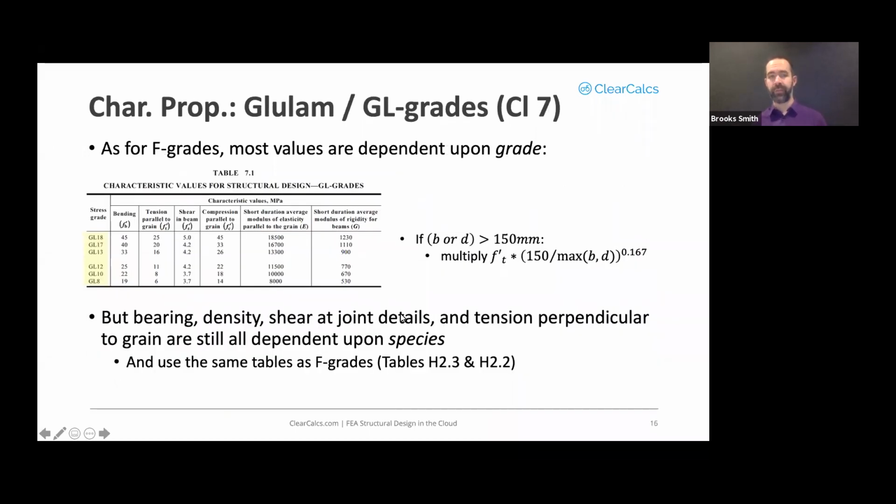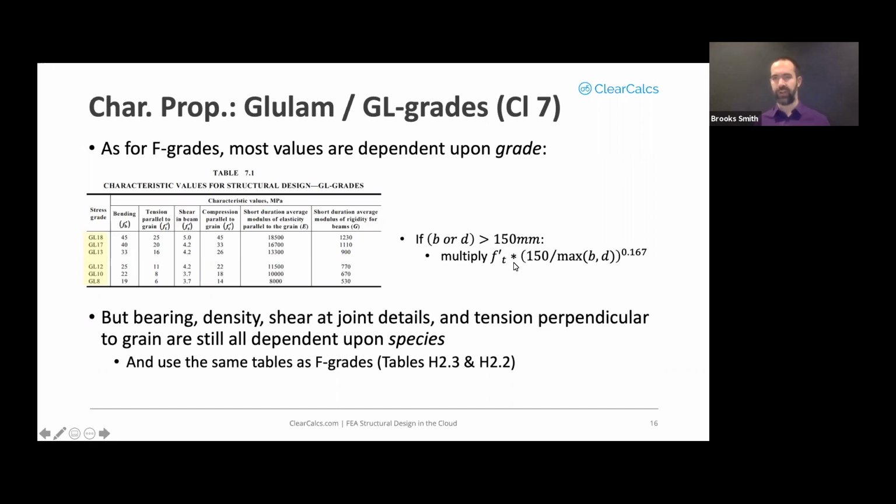Then for glulams, you have a similar process as for F grades. Most of the characteristic properties are dependent upon the grade, and you just look up in table 7.1 what those characteristic properties are. You have a similar modification you need to make for that characteristic tension strength, though you don't have a similar thing for bending.